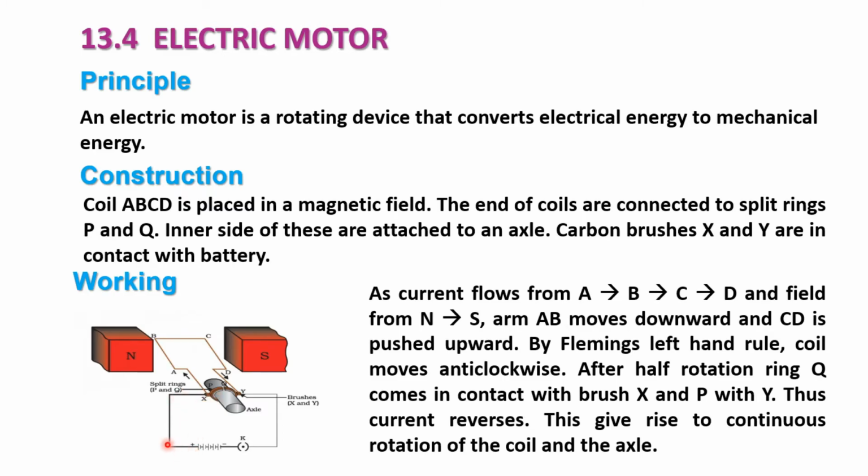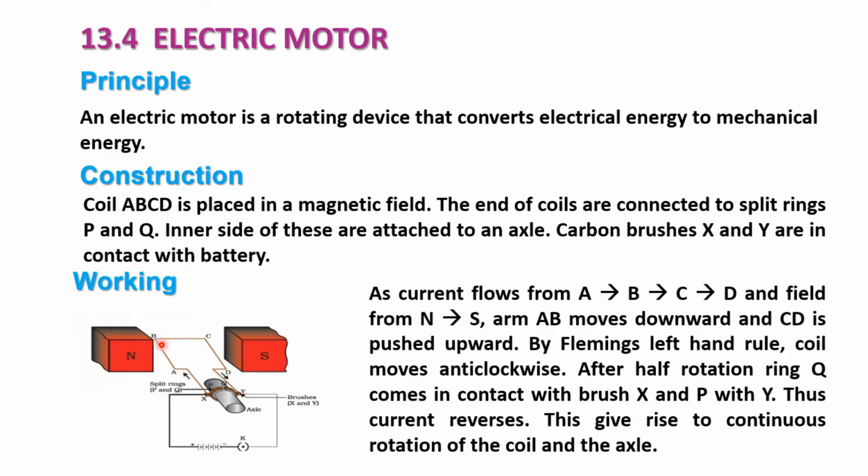From this positive terminal, the current will come to the brush X, then to the split ring P, then it will move to A. So the current is flowing from A to B, B to C, C to D and coming out like this. So the circuit is like this. Field from north to south. Field is in this direction.